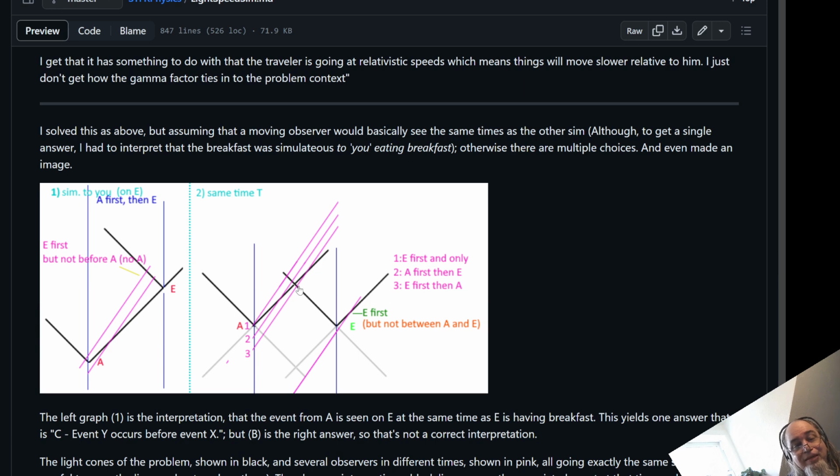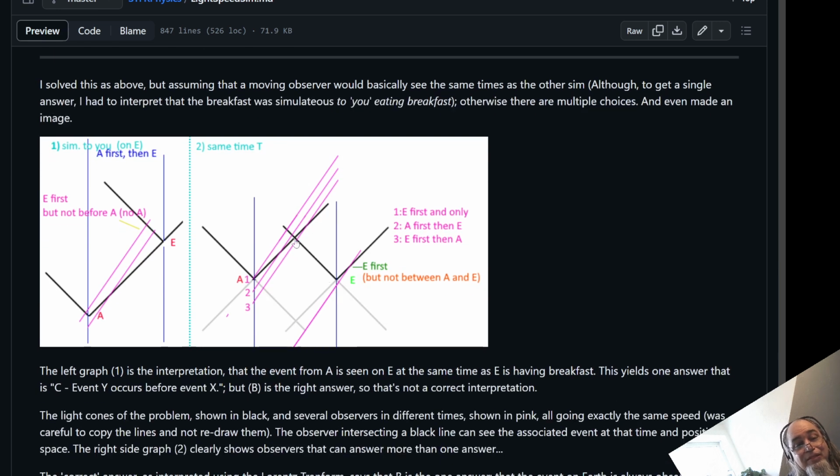Like, the event from Earth will have traveled this far and been at this position when the ship was. So it could see Earth first and then Andromeda. Right at the plus, it could be both. This is Andromeda first and then Earth. If the ship left after the breakfast happened on Andromeda, then you'd actually only see the Earth, but you'd never see anything else.